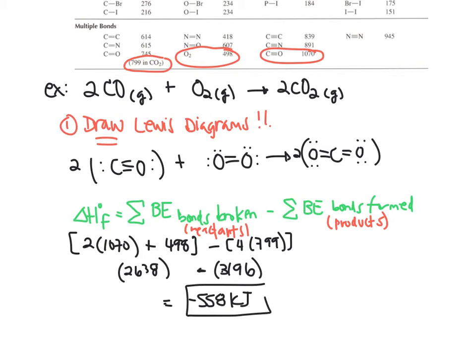So this reaction, just from bond energies, should give us about 558 kilojoules of energy. Notice that it's negative, so what does that tell you? Hopefully you realize that that negative means that it's giving off energy. So this, of course, is an exothermic reaction. So there you go. I hope this helped.